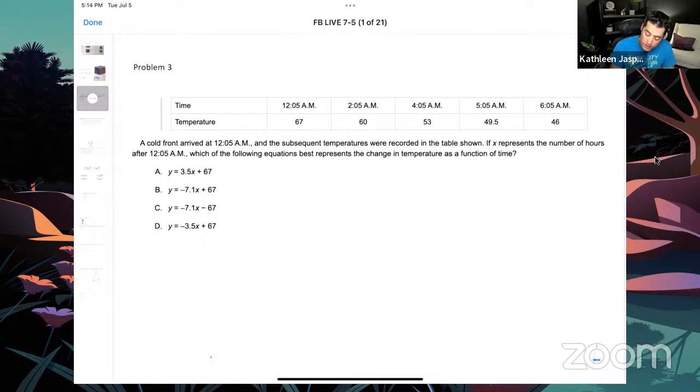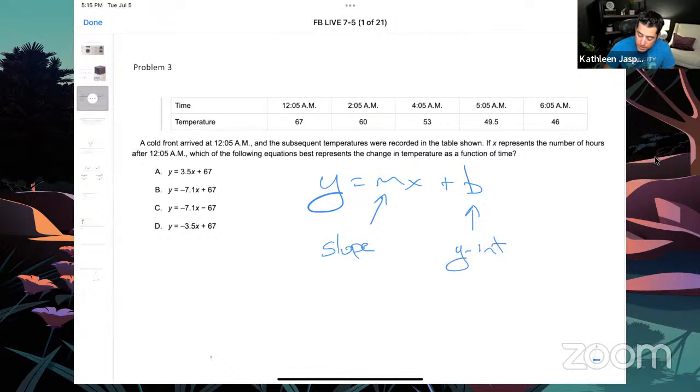Usually, it's not always like this, but for the most part, the equation is done in the slope-intercept form, where M represents your slope and B represents your Y intercept.